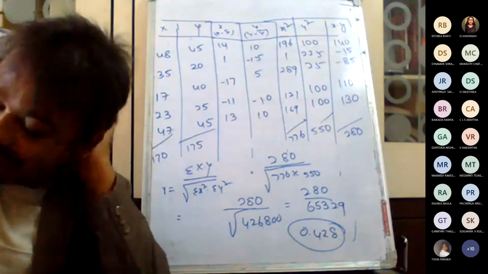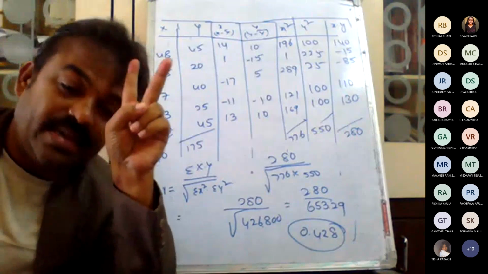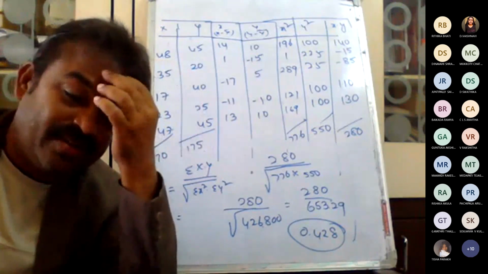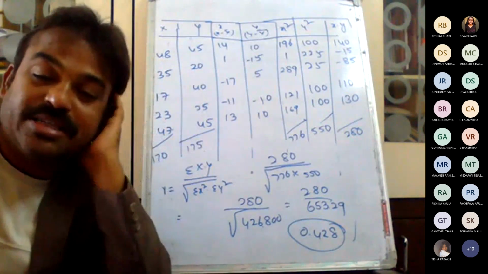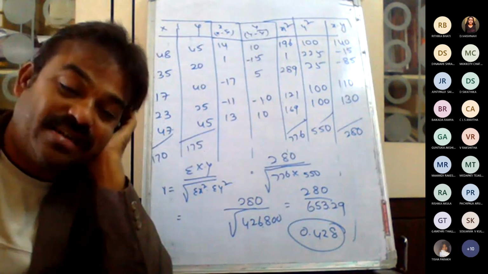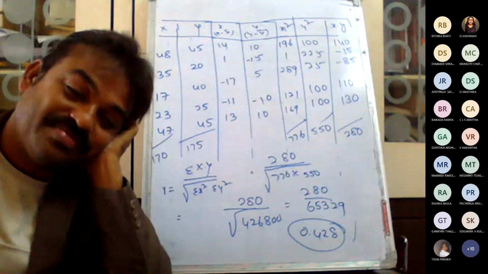Correlation and regression, we have two topics. From that, one problem you can expect 100% in your final examination. Okay?